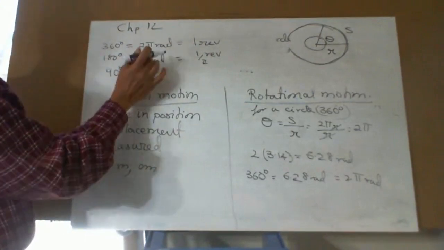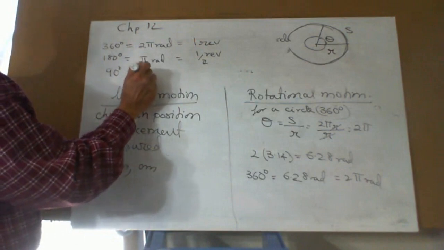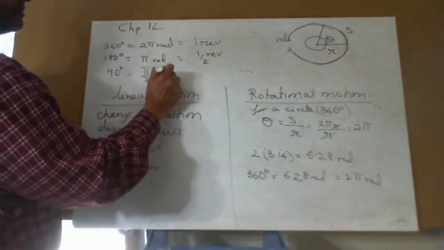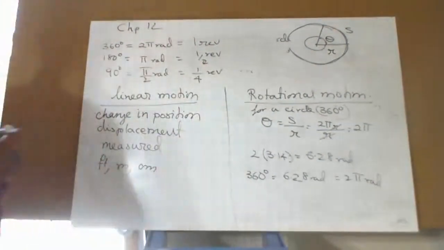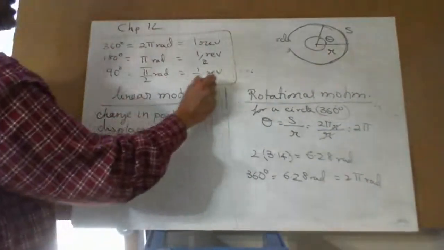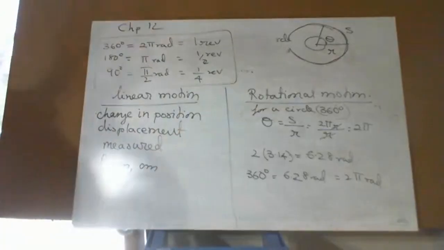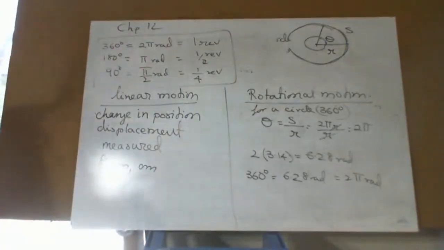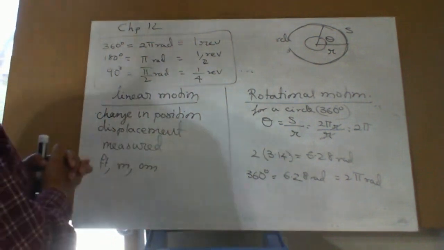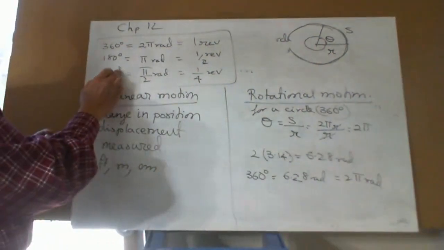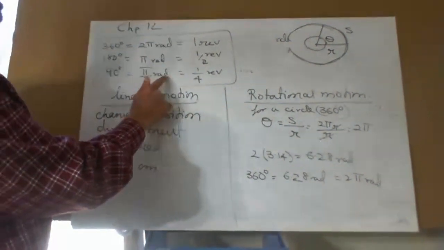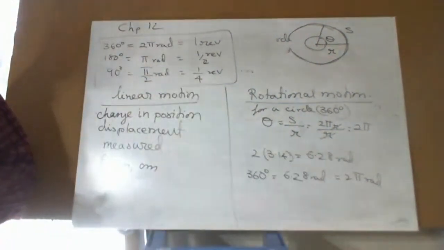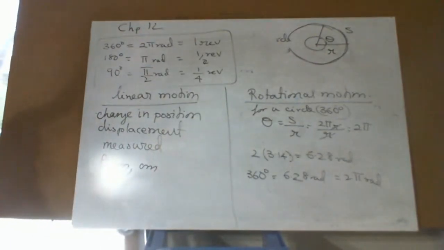If I divide this by 4, it'll be pi over 2 radians, which would be 1/4 of a revolution. So all of these are different ways to go from one unit to another. So in summary, angles can be measured in degrees, radians, or revolutions.